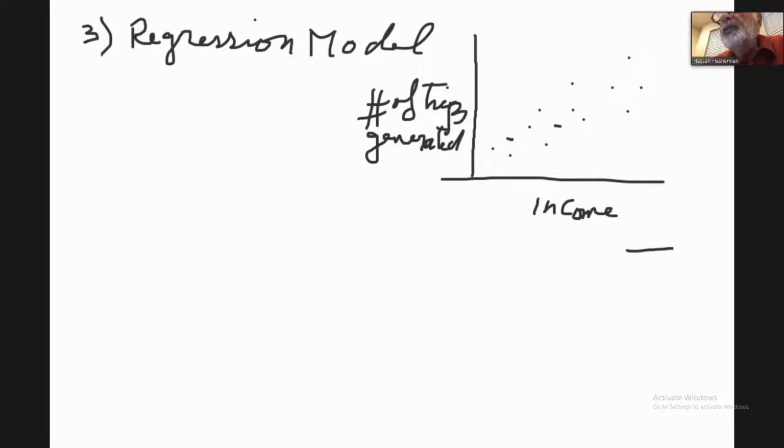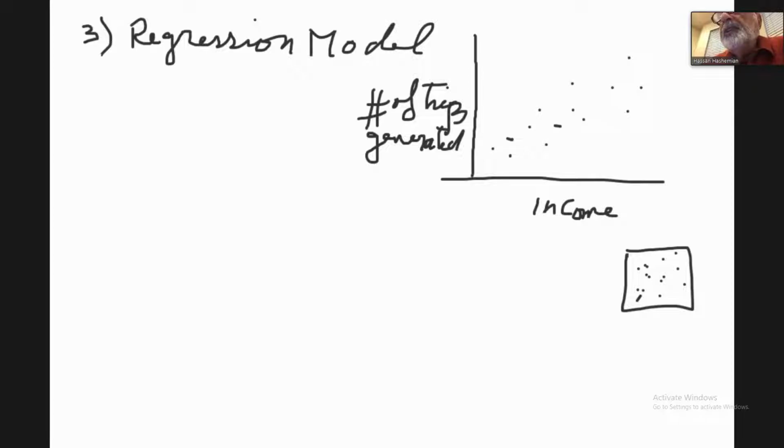If I go to one zone and ask people how many trips they are making, and what their income is, I collect that data and plot it. Each point shows their income and how many trips they make.